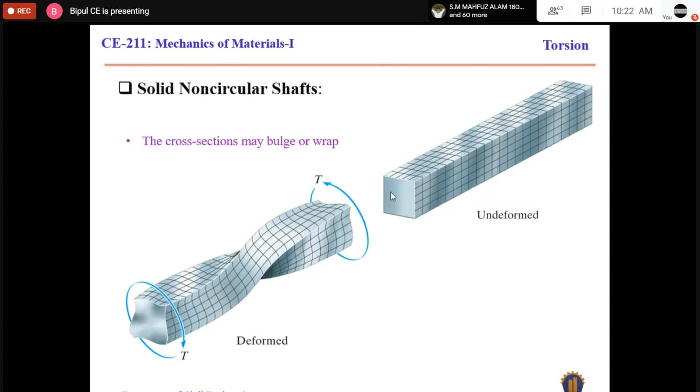Here at the end, this section is plane. Oh no, sorry, I am wrong. The plane section is not plane because you will see there is a curvature on the section. So those assumptions will not be applicable for this non-circular shape. The cross section may bulge or warp.